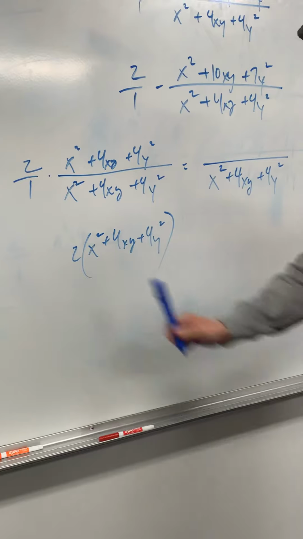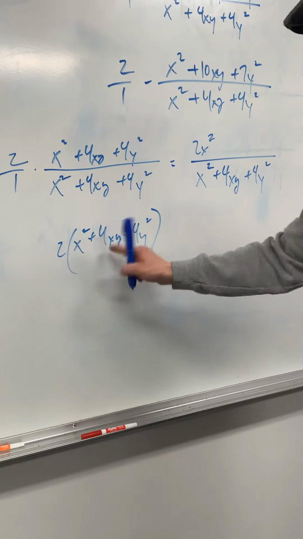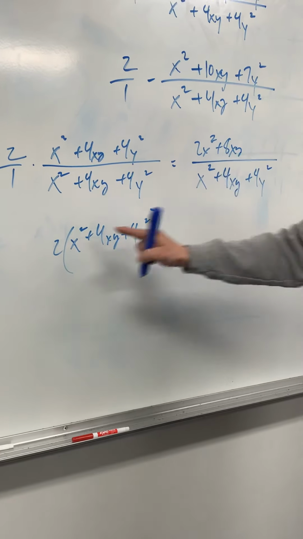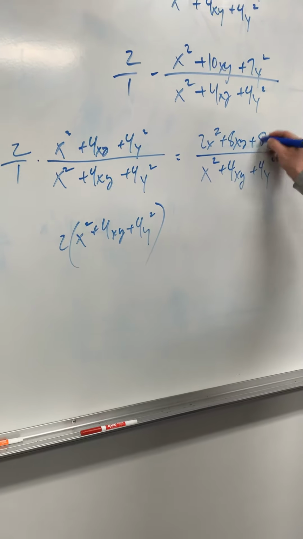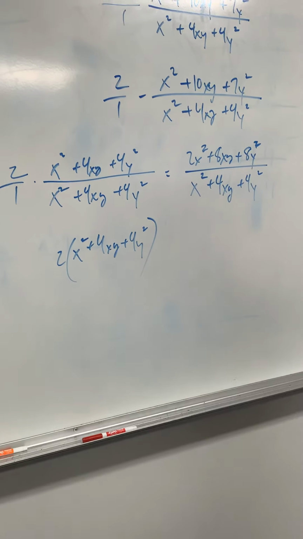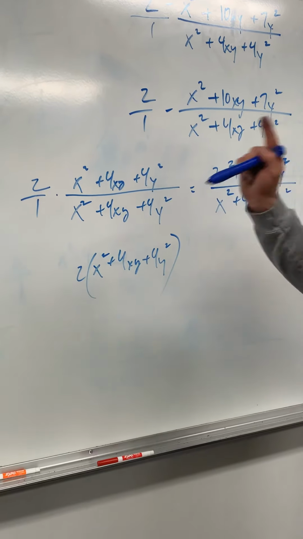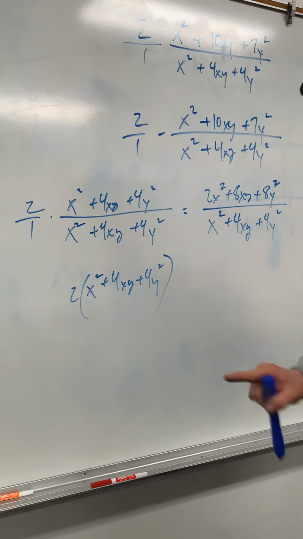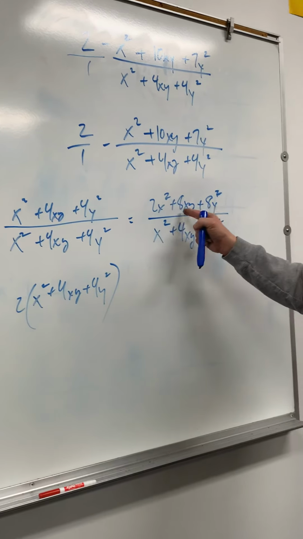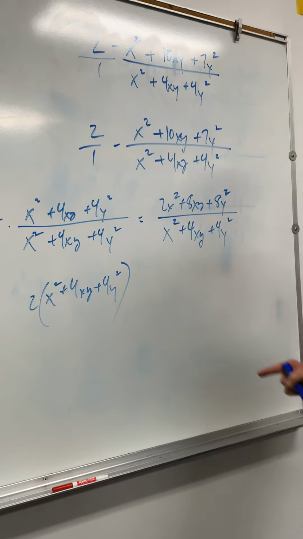Okay, so it's going to give me 2x squared plus 8xy plus 8y squared. Okay, all right, so check it out. This 2 over 1 just became an equivalent fraction. That is 2x squared plus 8xy plus 8y squared over x squared plus 4xy plus 4y squared.